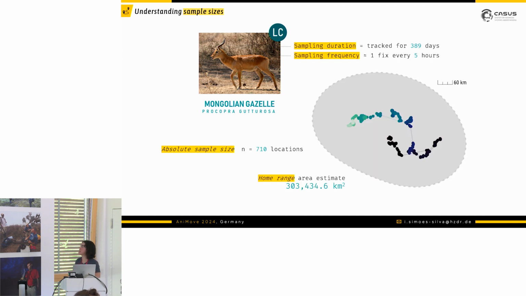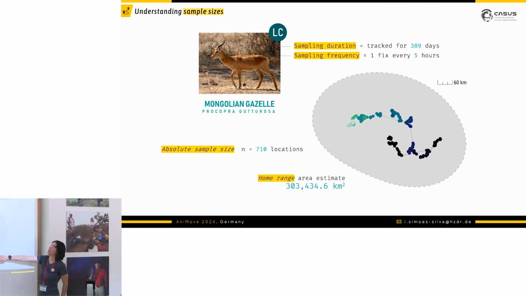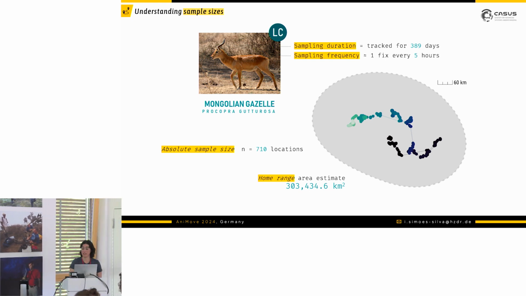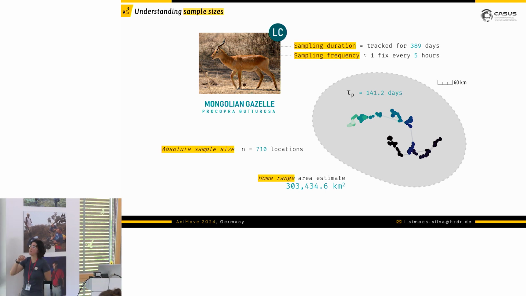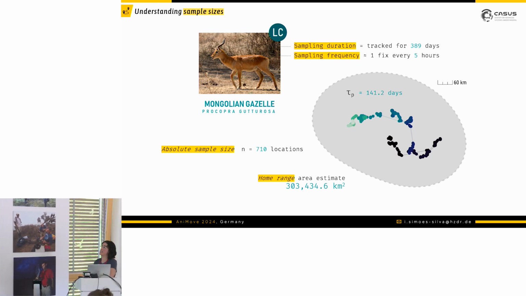So this is how it actually looks, the points and the area estimate that we're getting out of it, around 300,000 square kilometers. The problem here, though, is that when we look at the actual movement process and the information that we're getting out of it, we realize that this home range crossing time, the tau p, is around 141 days for this particular individual. So it takes 141 days for the animal to cross.